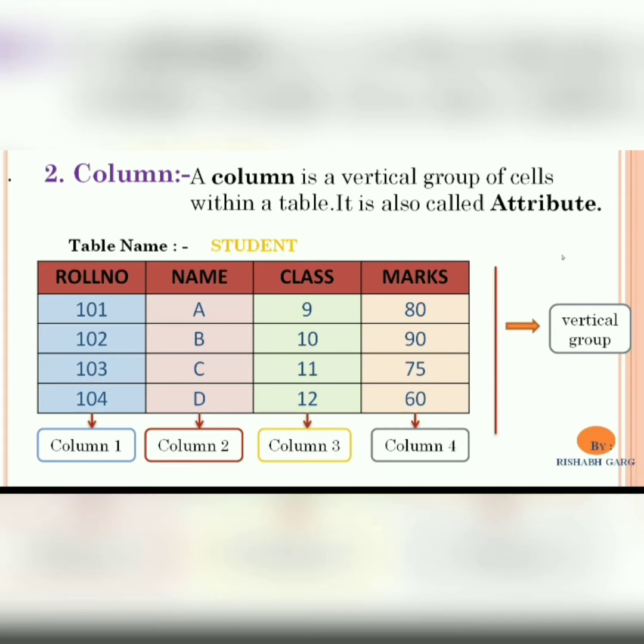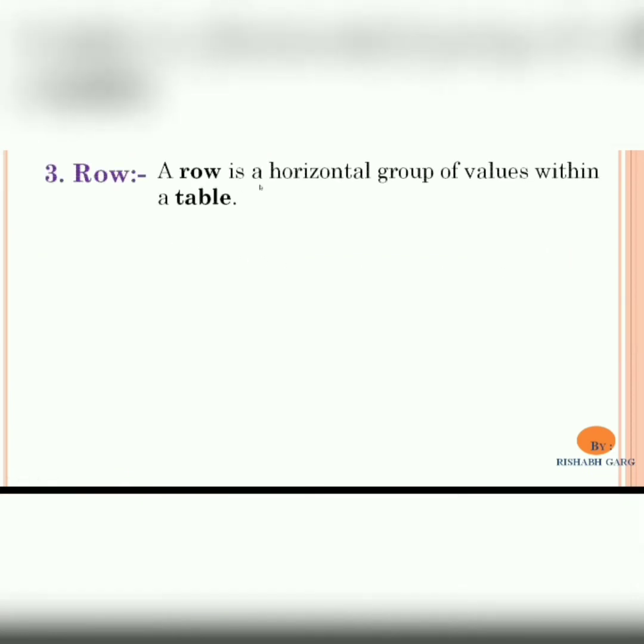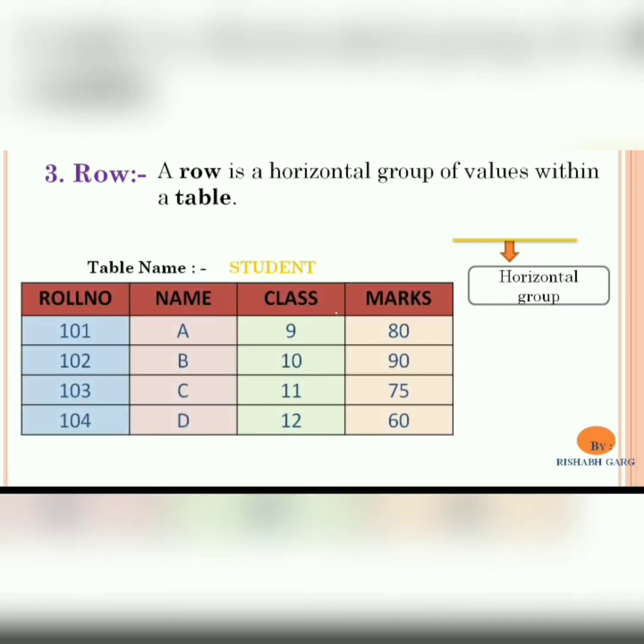Let's move on to the next concept, that is row. A row is a horizontal group of values within a table. Horizontal group means left to right or right to left direction. Let's take an example to understand this. Suppose we have a table student. In this table, we have 4 horizontal groups of values which are represented as a row.